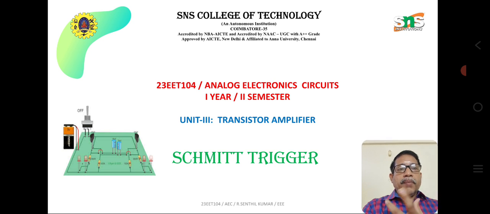The surrounding environment consists of analog signals, whereas all the digital electronic components operate using digital signals. There are many circuits to convert analog to digital, and one of the basic circuits, with the help of a simple transistor, is the Schmitt trigger.